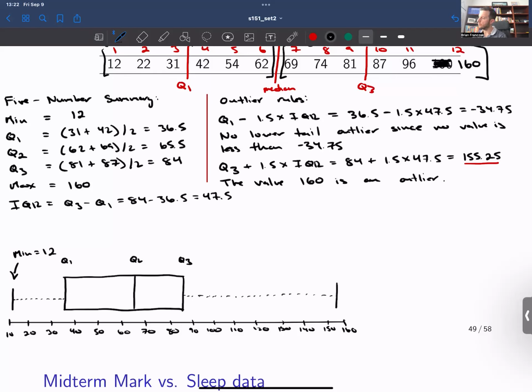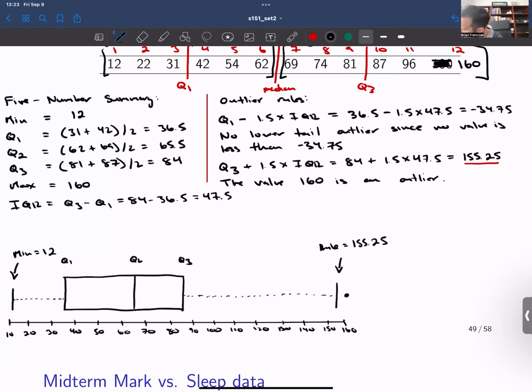And then this again is the rule, which is 155.25. And then what we do is we mark down the individual outlier at its value. Our outlier is a value of 160. So we can just put a circle here or a dot or a star, whatever label you want to use.